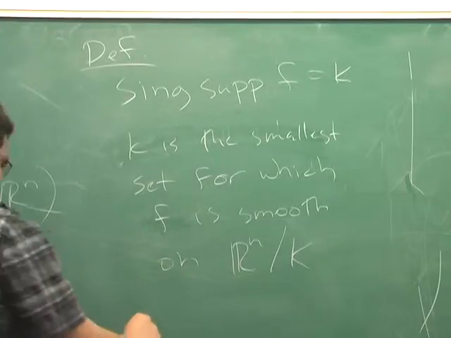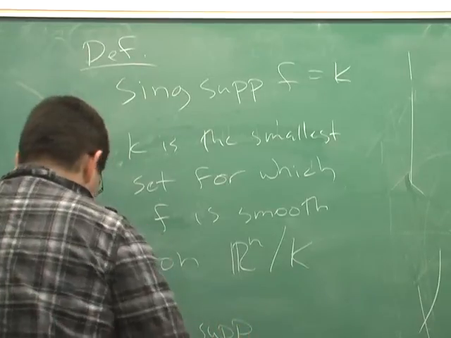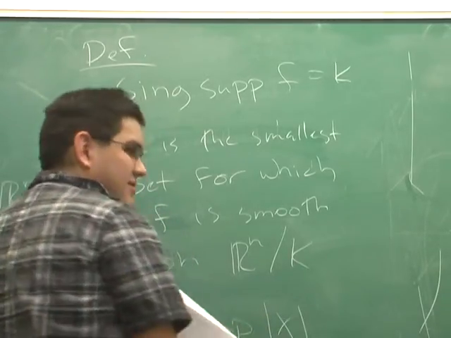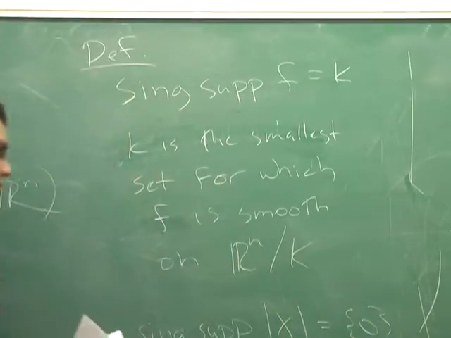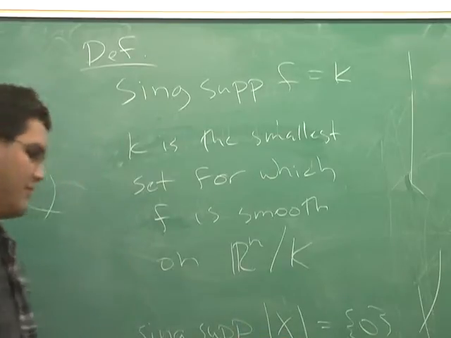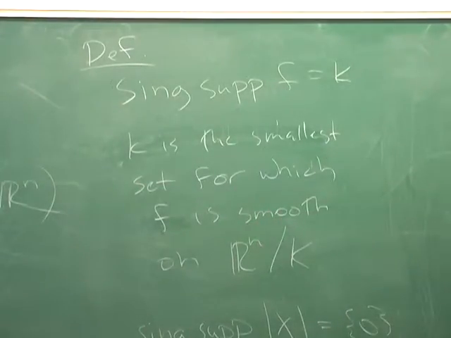So for example, the singular support of the absolute value of x is x equals 0. It's the set where it is not smooth. Okay, basically. But when you say smallest set, it's kind of.